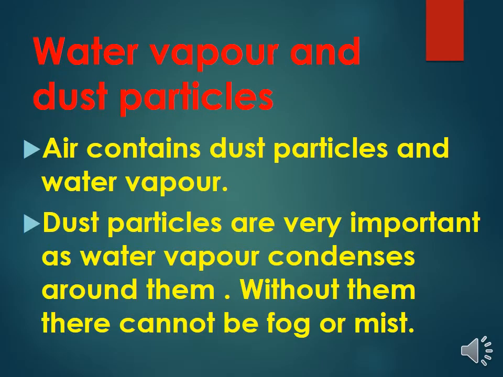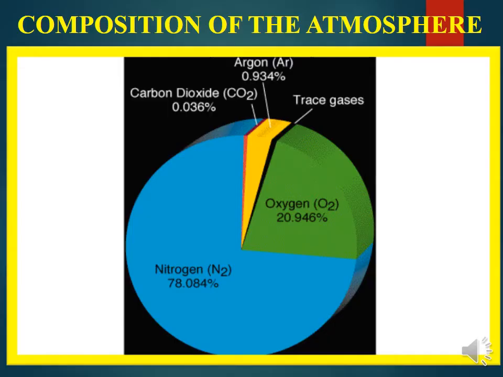Now apart from these gases, there is also water vapor and dust particles in the atmosphere. So you see, these dust particles are very important as water vapor condenses around them, and without them there cannot be fog or mist.